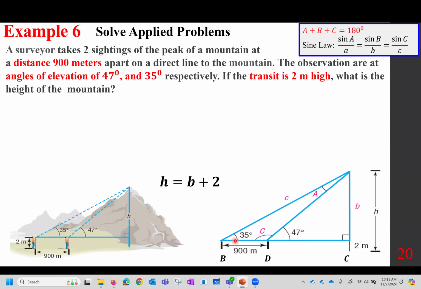If you look at this triangle, we have this angle, 35 degrees. We don't have this angle, but I hope you recognize that this one, everybody, is a straight angle of 180 degrees, which means C plus 47 must be 180.